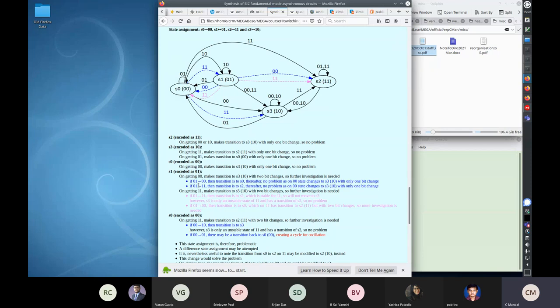So if it changes to 1 1, then what happens is that, sorry, on input 0 0.